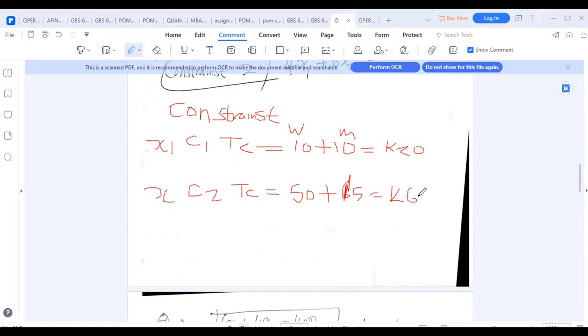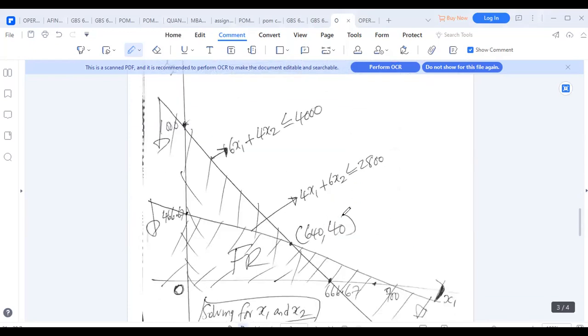All right, so this is the total cost for C2. We are simply saying it is equal to 50 for the wages plus 15 for material, which is giving us 65. So this is the total cost per unit of C2, which is given by x2. So this is another constraint that we need to incorporate here.